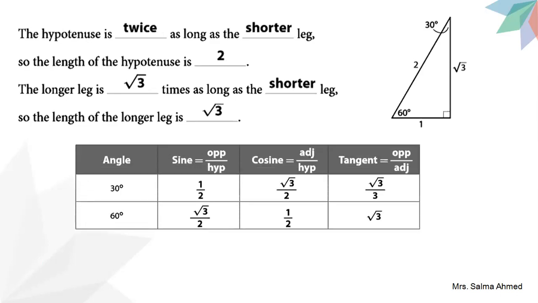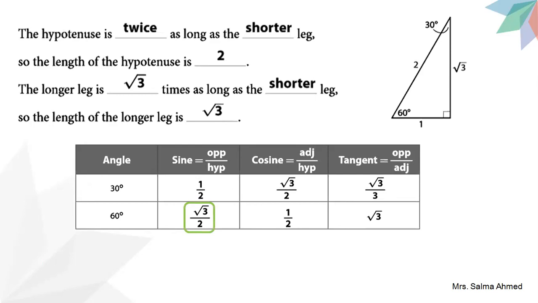So here we have this table, which is very, very important to study, and we can use it by default if you study it well. Sine 30 gives me half, cosine 30 gives me root 3 over 2, sine 60 gives me root 3 over 2, and cosine 60 gives me half.